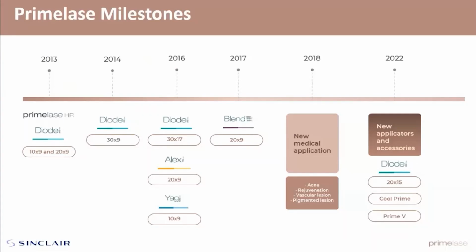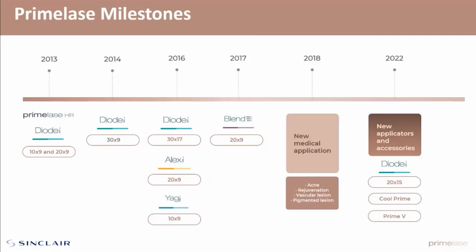It started as Primelase HR, which stands for hair removal, and we only had 2 spot sizes in diode, 10 by 9 and 20 by 9. In 2014, 1 more spot size, and in 2016 and 2017 more and more spot sizes. Right now, we have 8 different spot sizes.